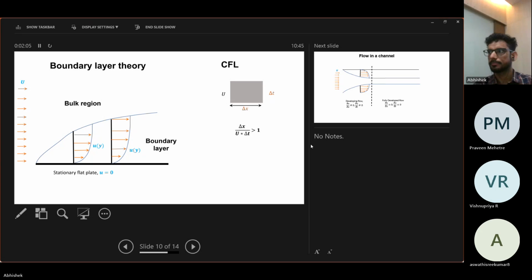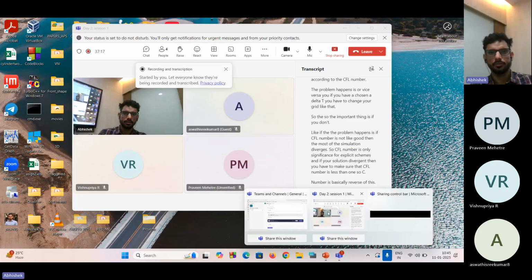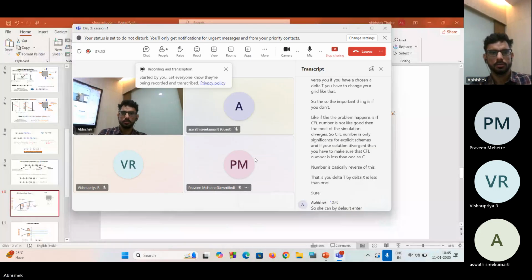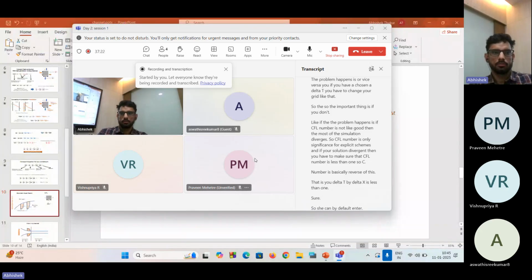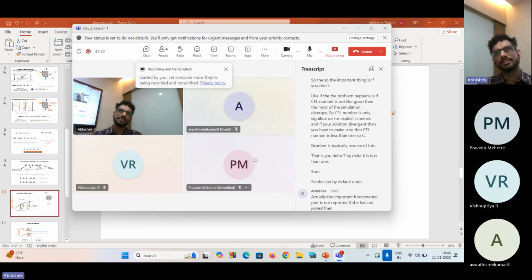Just filter, can you add filter back? Sure. She can enter by default, na. She texted in the group. She texted me to let her in. Actually, the important fundamental part is not recorded. If she has not joined, then... No, I think she was there.